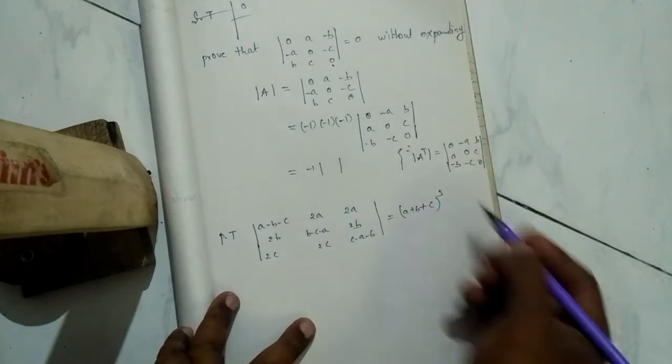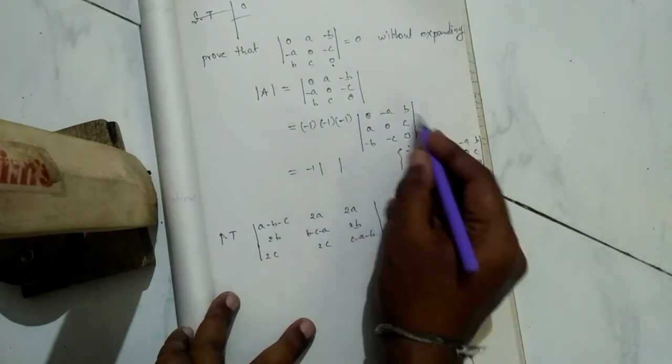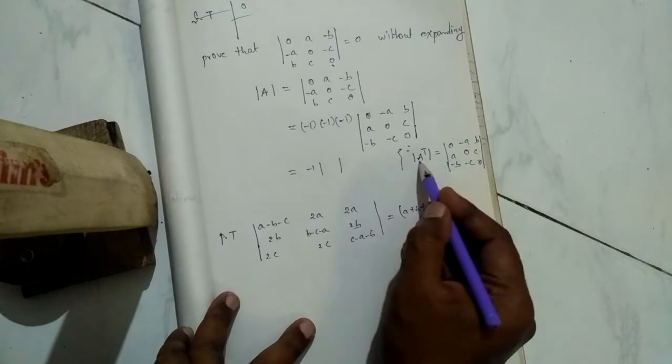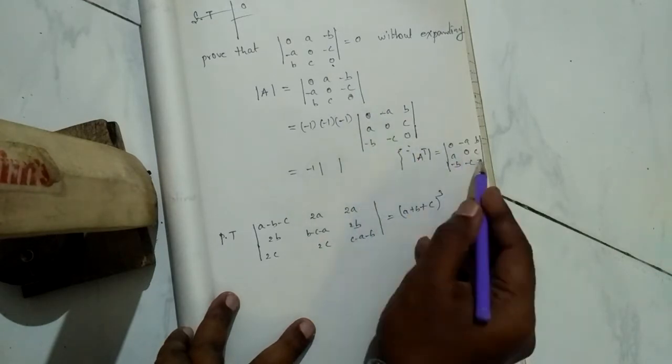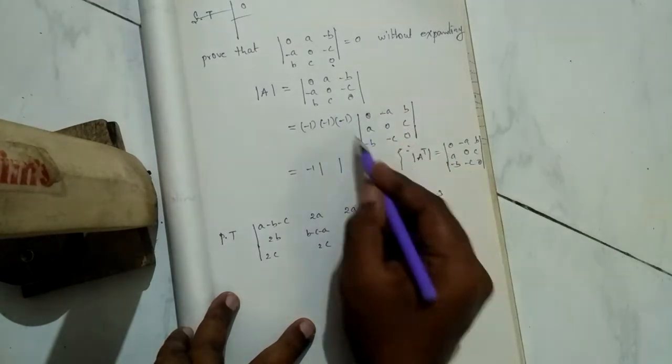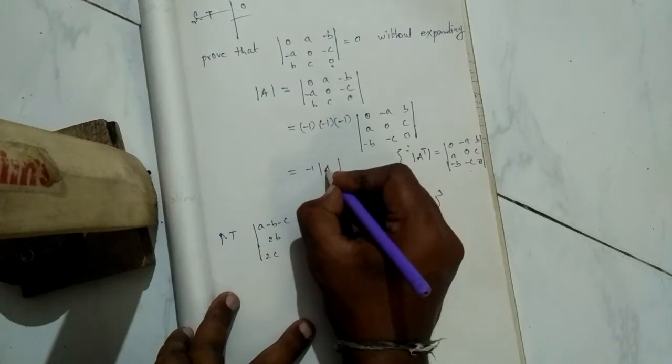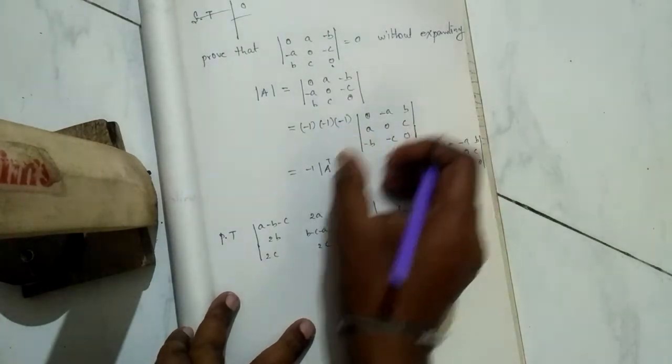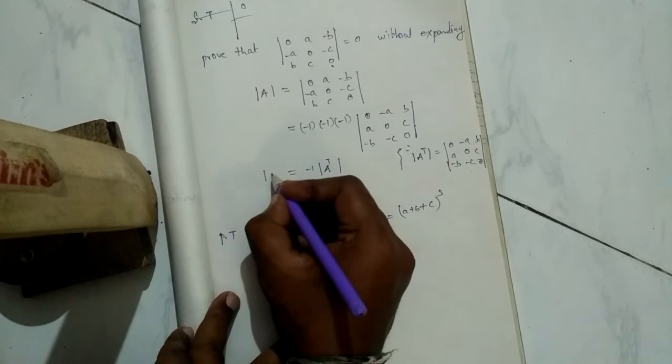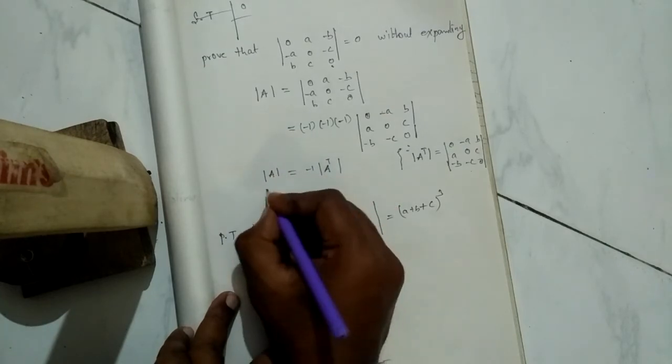So what we got over here is determinant of A transpose, correct? Both are same, no? So you write determinant of A transpose for this one. Okay, this is determinant of A, correct?